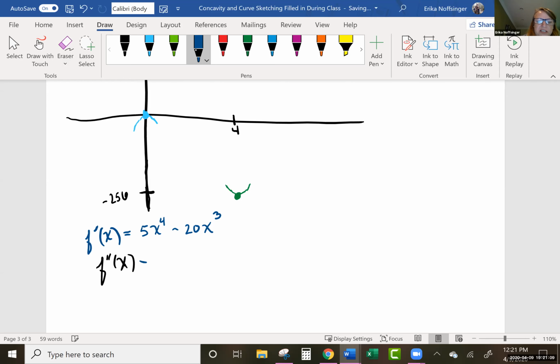So second derivative, bringing our power down, this is going to give us 20x cubed minus 60x squared.